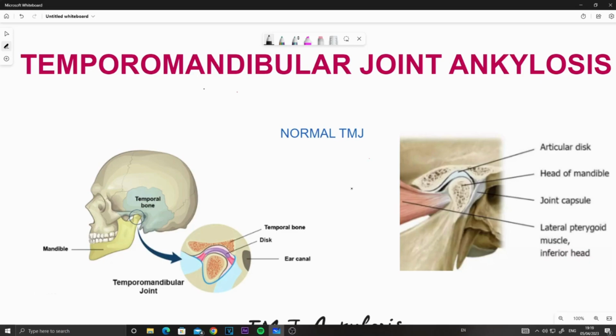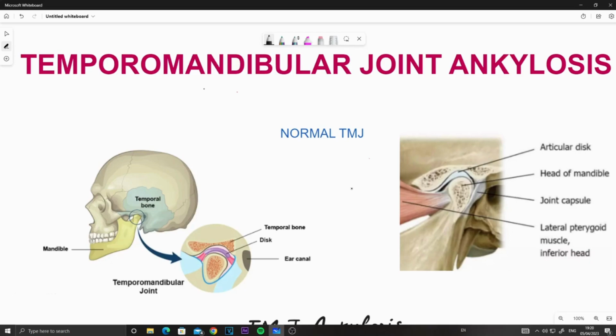But before we start with the diseases, I want to brush up your skills with the normal TMJ anatomy and its various features, which will be helpful and will make our further steps easier in learning and understanding the different kinds of diseases, their pathologies, their diagnosis, and their treatment point of view.